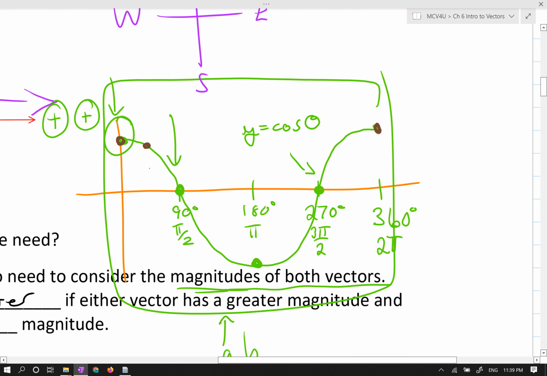Or if we head into, say, 45 degrees, that gives us the exact same cosine value if we're working with 315 degrees, which is the opposite way around our circle.